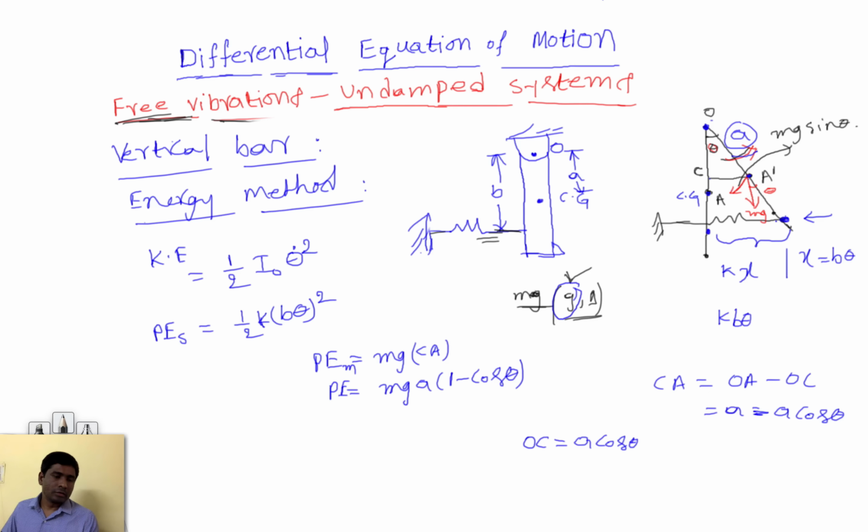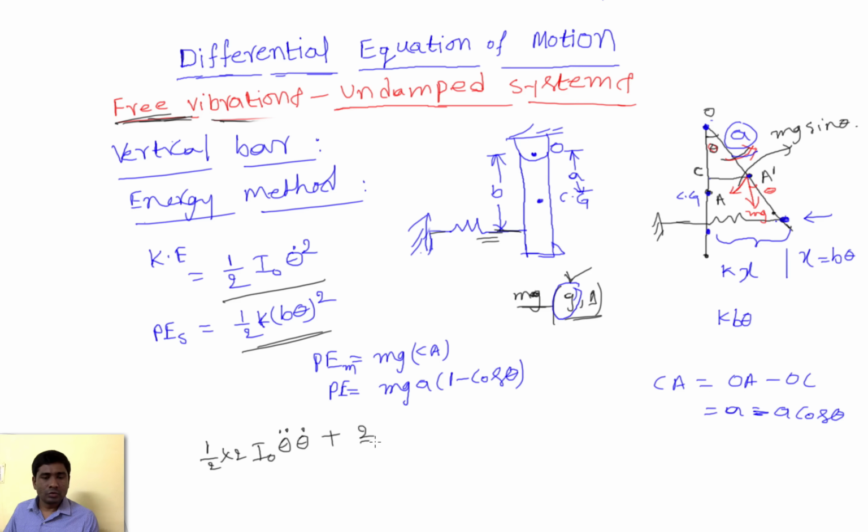and here we need to differentiate the total energy. So when I differentiate the total energy, first I need to differentiate kinetic energy. When I differentiate kinetic energy, it will become half into 2 into I naught into theta double dot into theta dot, plus, when I differentiate this one, this will become 2 by 2 k b square into theta dot.